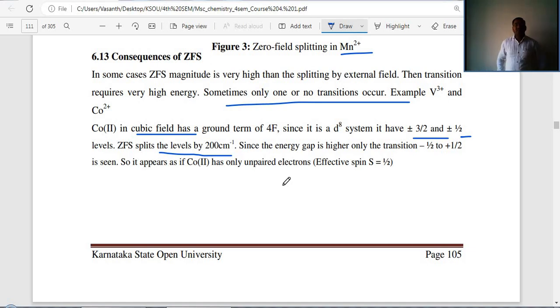The zero field splits the levels by 200 per centimeter. Since the energy gap is higher, only the transition minus half to plus half is seen.